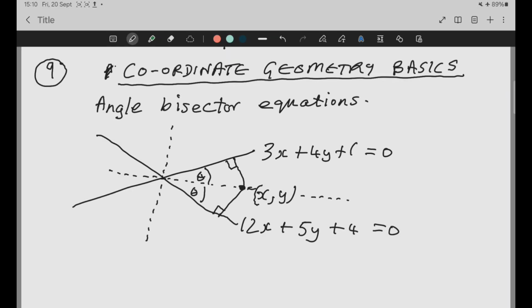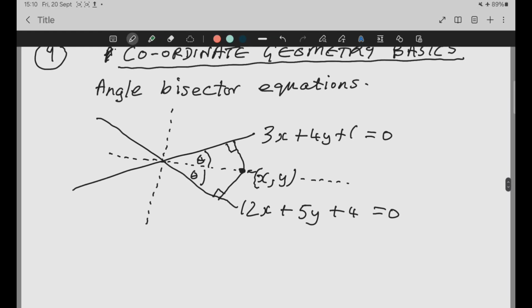So here we're going to appeal to an earlier result whereby we had to work out the distance of a point from a line whose equation was given, right?